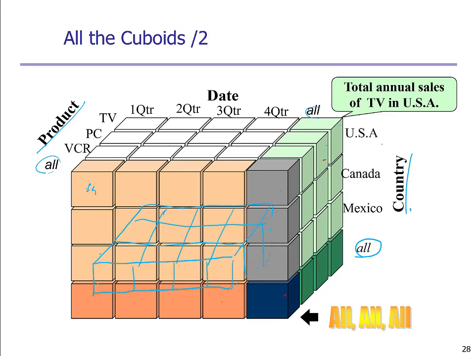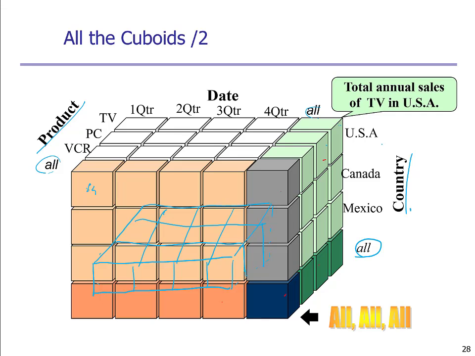So these three cuboids are smaller than the original one, but larger than the rest, because they only do the aggregation on one dimension. Now, what is the next level?